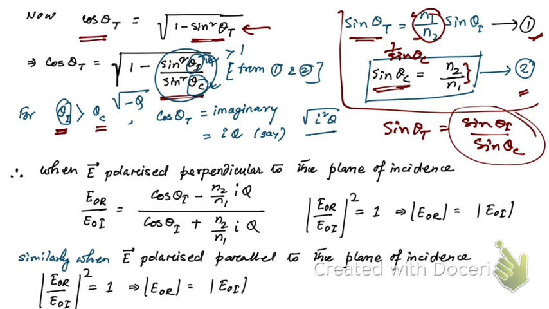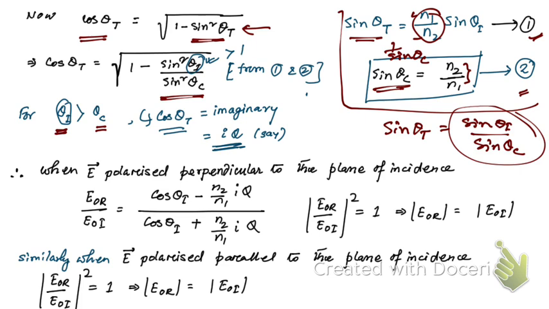So that's why we can write cos theta t is iq, right? Let me suppose this is not q only, this is q square. In that case, this cos theta t can be written as iq, right? Let me take it that way, okay? So that's why I have assumed that cos theta t is iq. Hope you have understood this.